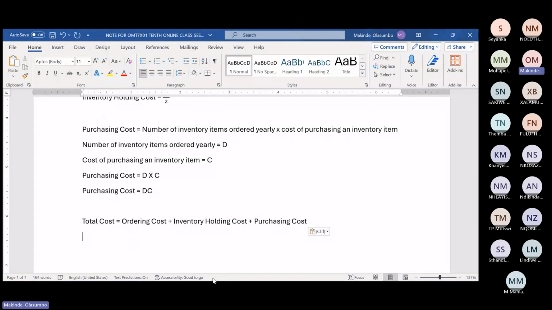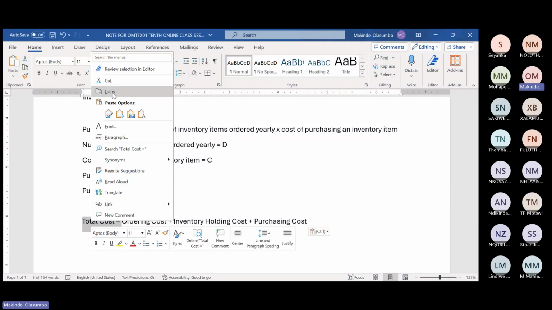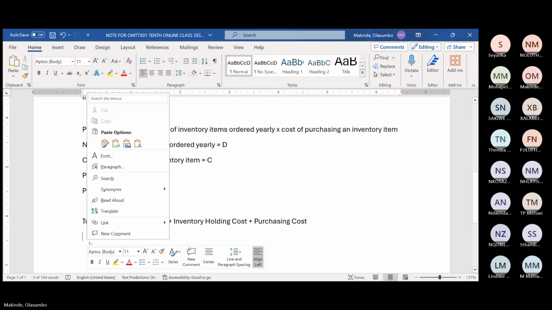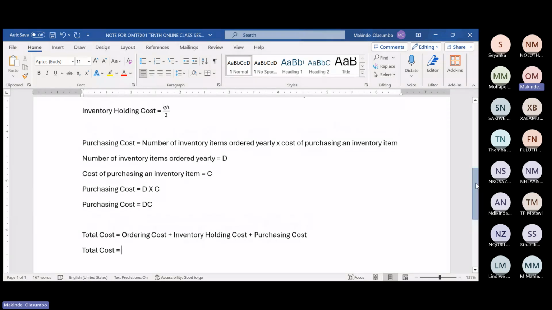Now I can get the mathematical expression for the total cost and find the Q that minimizes that total cost. That will be the economic order quantity formula we want to derive. It tells us how many inventory items we should buy at every ordering cycle, if the assumptions of the EOQ model are obeyed in our organization.